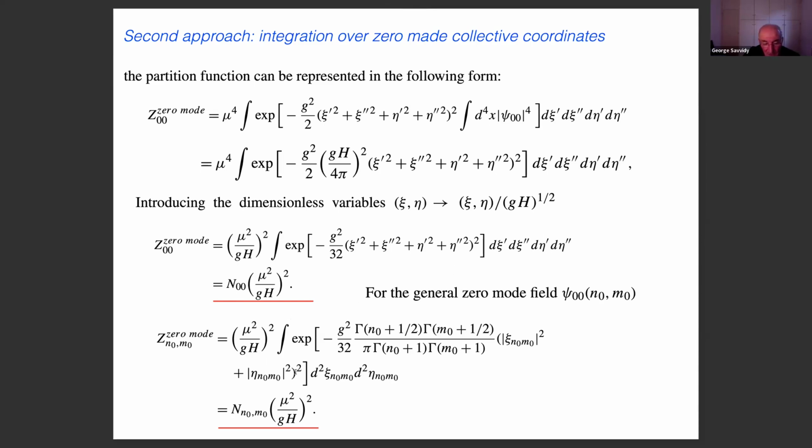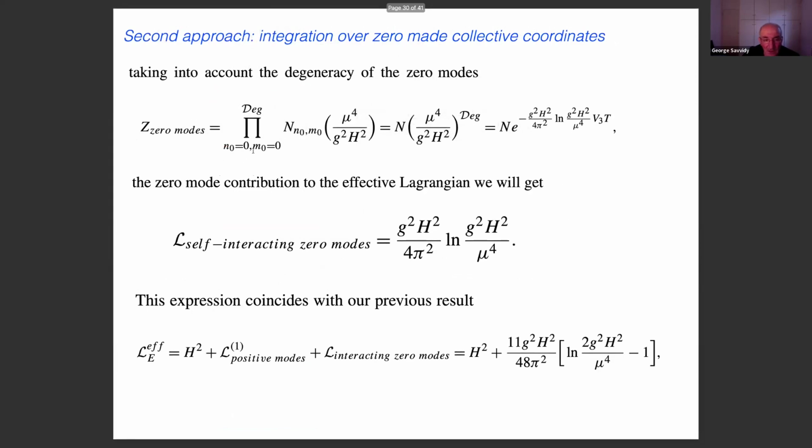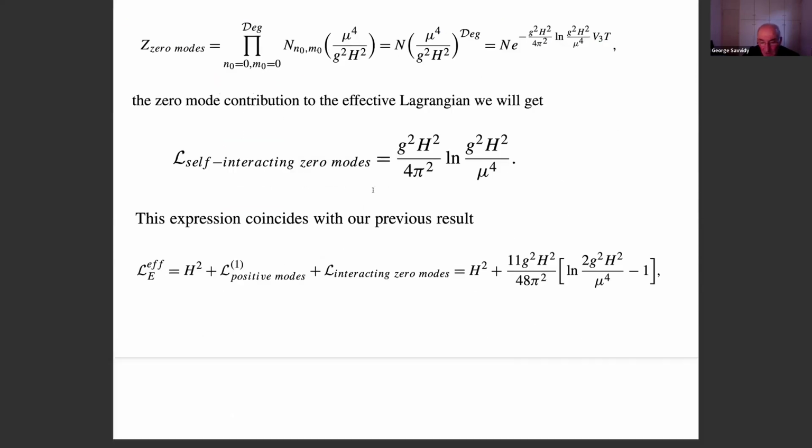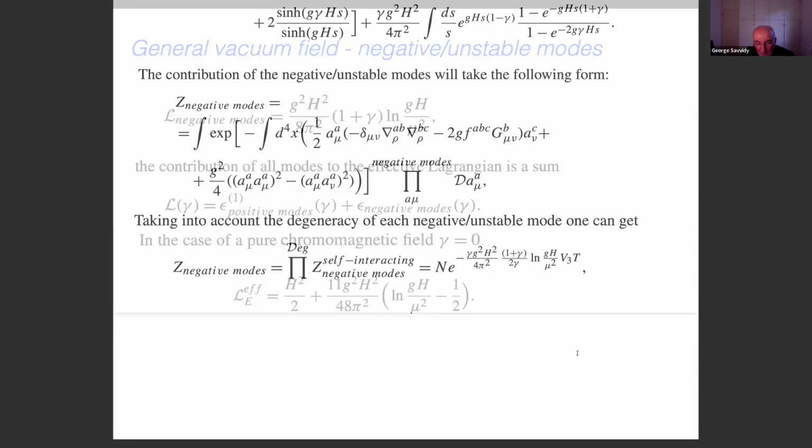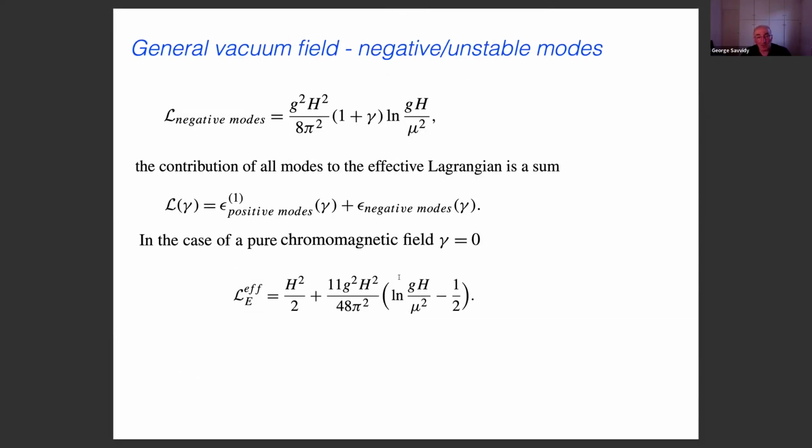I define it here as n0, m0. Therefore, again, producing the integration, we get this contribution from the negative mode, which has no imaginary term because of this positive term, φ to the 4. And the expression again coincides with the one we had before.